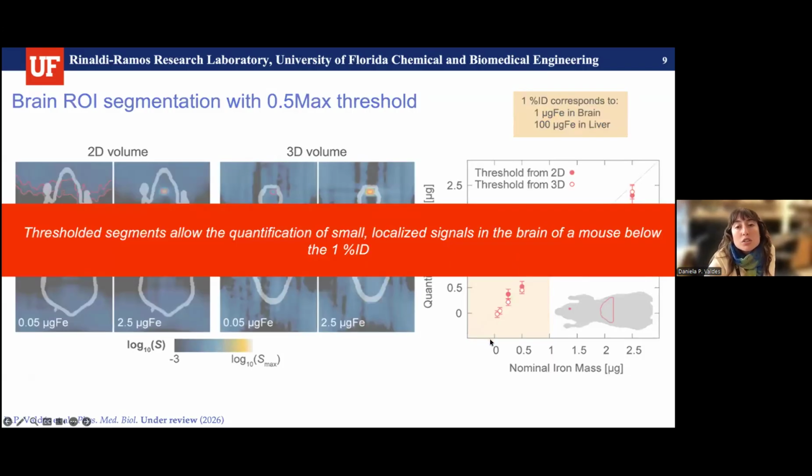So for small localized signals, for example, in the brain of a mouse, we can quantify below 1% of the injected dose. Of course, the smaller the masses get, the more challenging it is. But it's great.